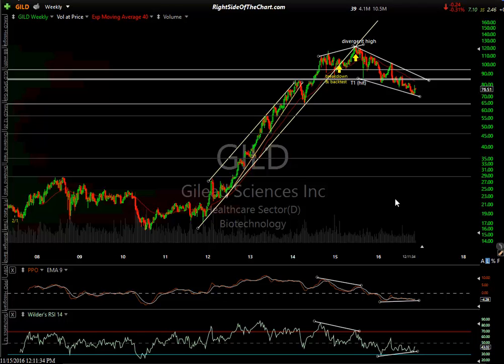Because this market, if I had to put one label on it, I would say it's been a very, I don't want to use the word treacherous, but a very tricky and whippy market. A lot of whipsaw, false breakdowns, false signals. And so that's why right now, whether you're bullish or bearish, you want to see a preponderance of evidence.